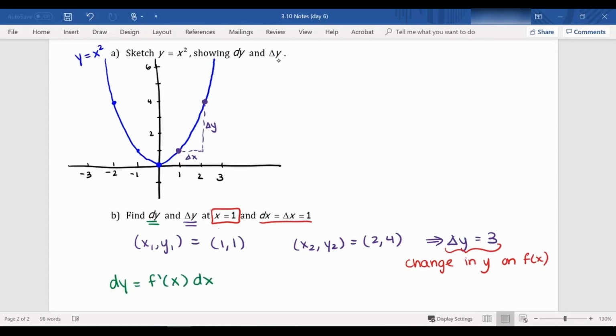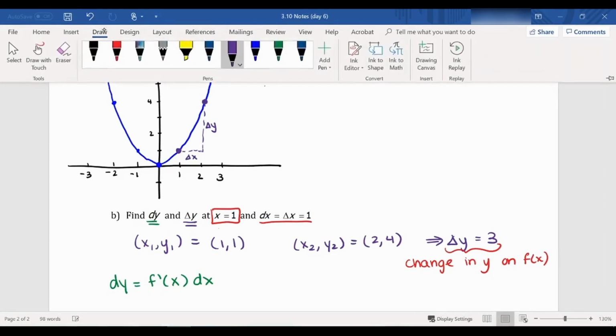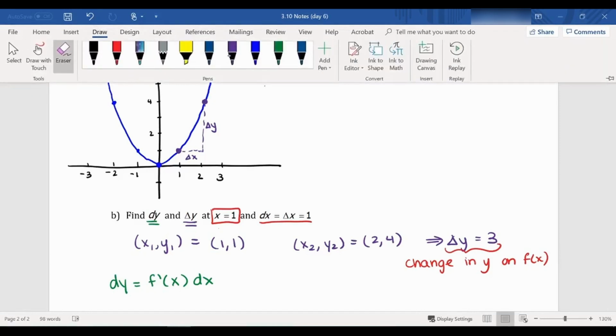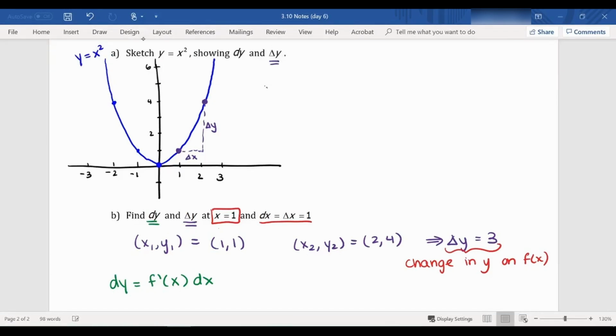And so we can do this purely algebraically. But if we wanted to do this graphically to show delta y, so dy was in purple, oh, whoops, delta y was purple, sorry. dy is going to be green. What I would choose to do is find the equation of my tangent line so that I can draw it here so that I can show dy.